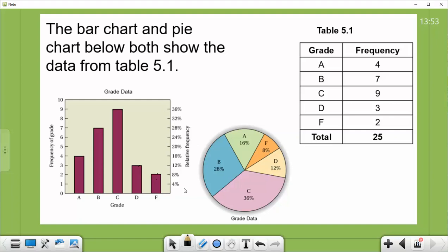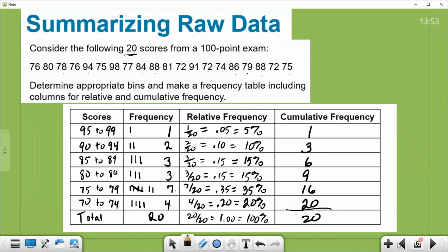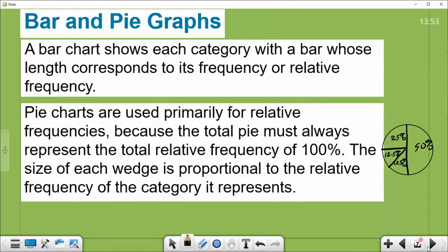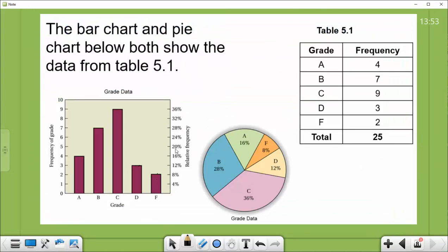Now these are the percentages, so if we were to make another table like we did here for the relative frequency, we'd take the frequency divided by the total to get those percentages that are written here. And then you can take those percentages and make them into a pie chart.